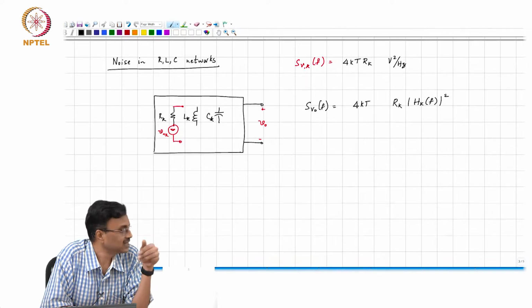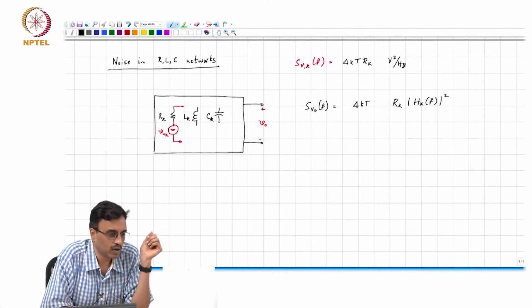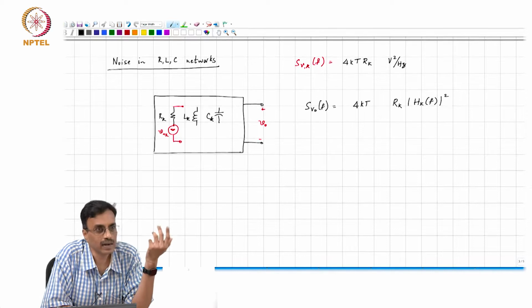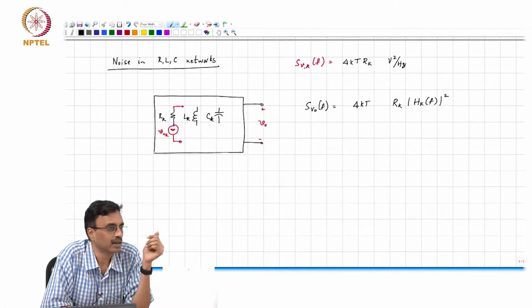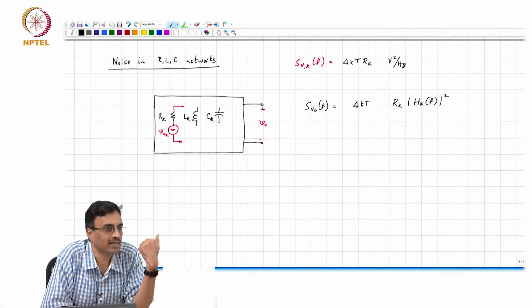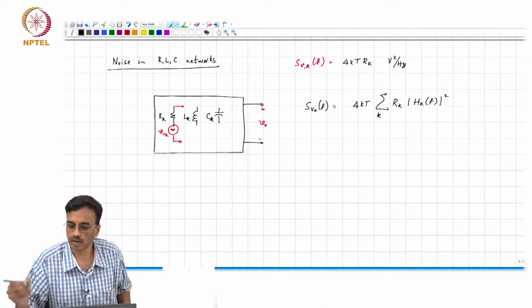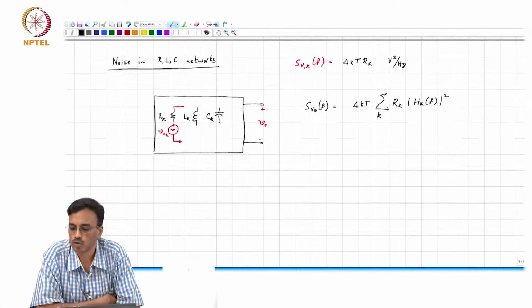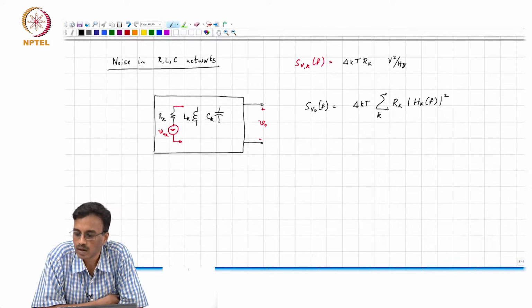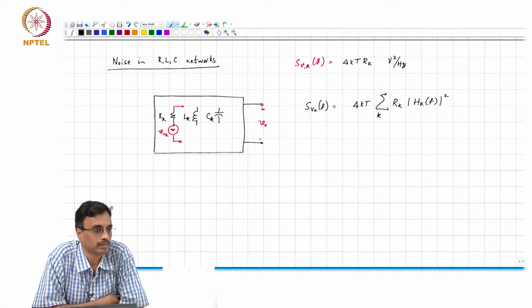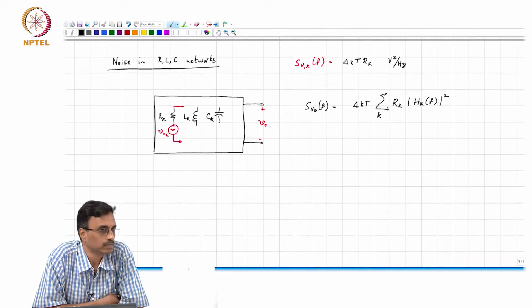And we also discussed that the noise from different resistors is independent. So, if you want to find the noise spectral density due to all the resistors, it is simply a sum over all resistors. So, simply sum over k of 4kT R k times h k of f the whole square. All right.